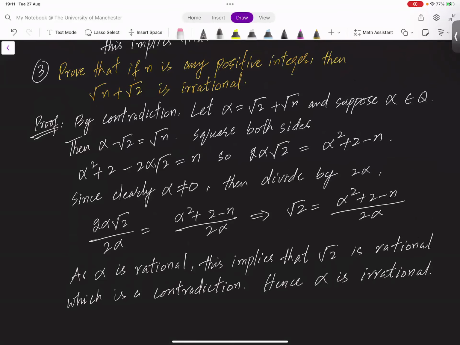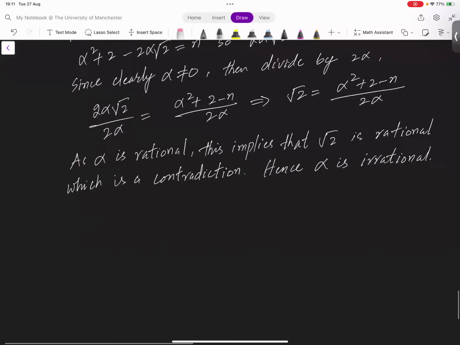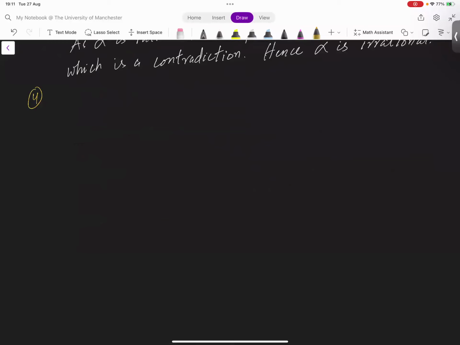The final exercise, number 4, says: find n given that both n and under root n minus 2 plus under root n plus 2 are positive integers.